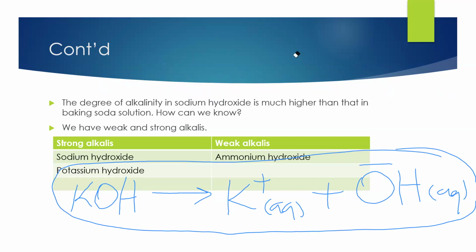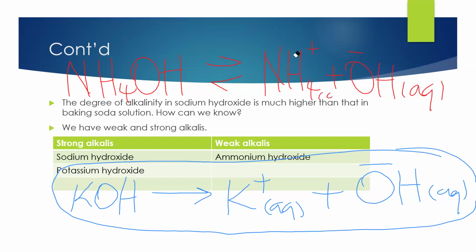So here we have ammonium hydroxide to give us ammonium ions plus the hydroxide ions. Who can tell us why they think we've used double arrows here, yet here we have a single arrow?